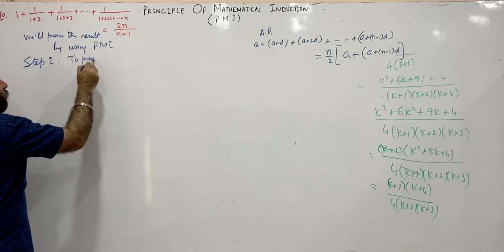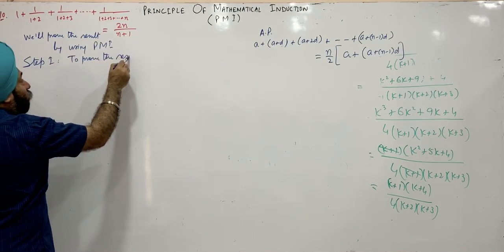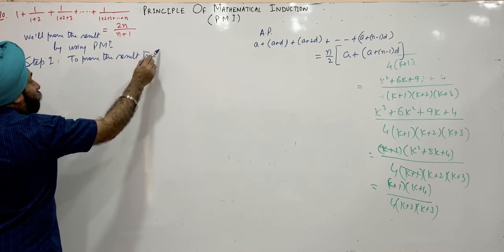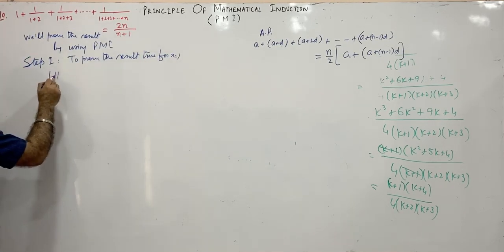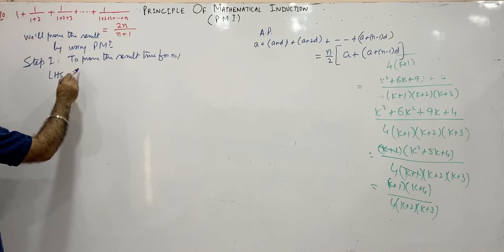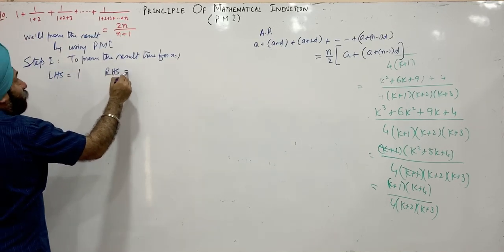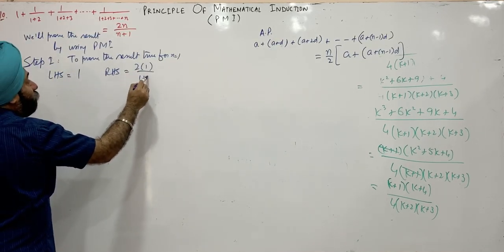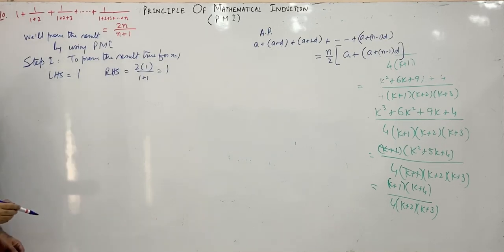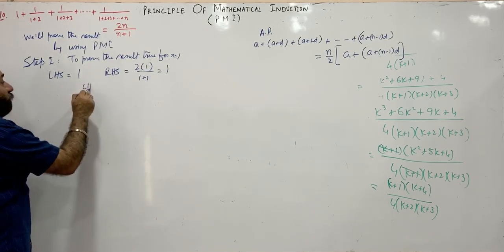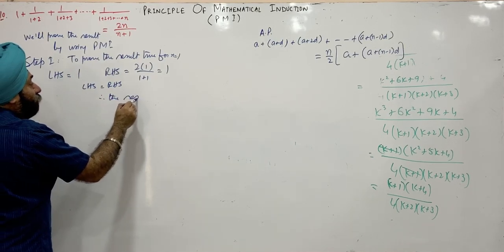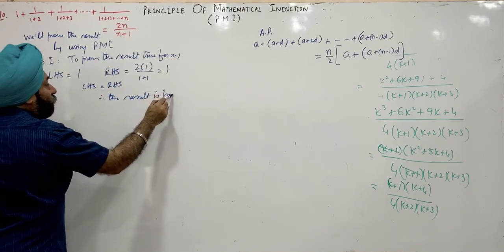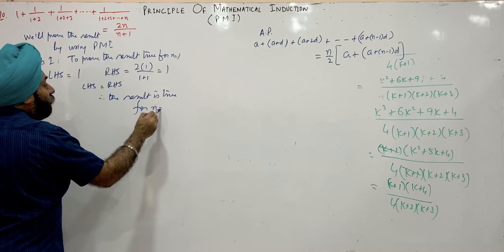So to prove the result true for n is equal to 1, left hand side we have first term 1 and right hand side we put n is equal to 1. This is 1. Left hand side is equal to right hand side. Therefore the result is true for n is equal to 1.